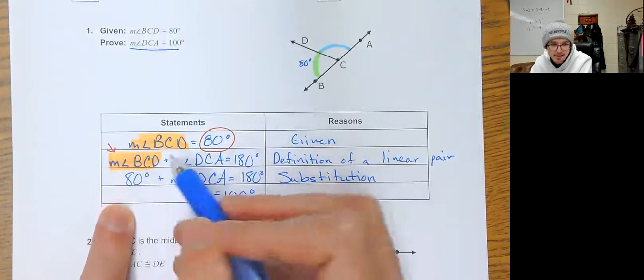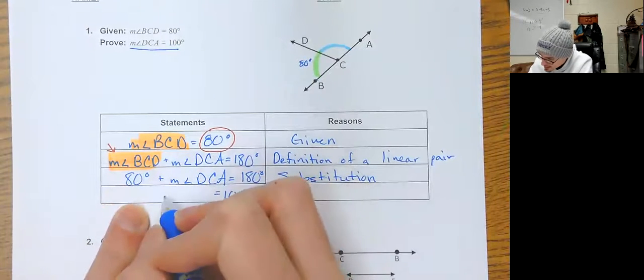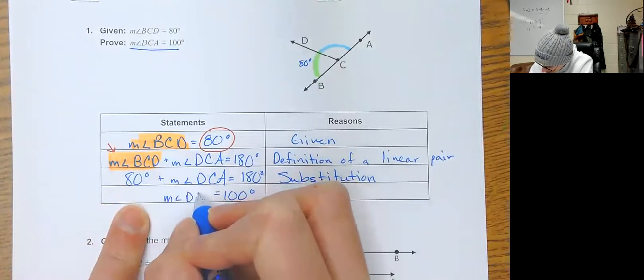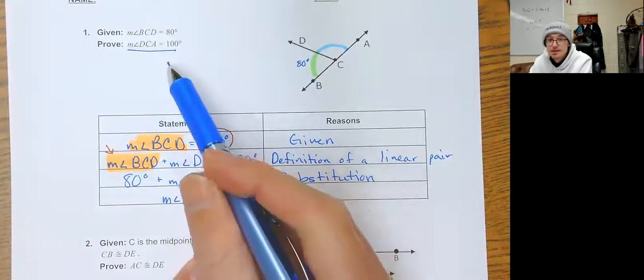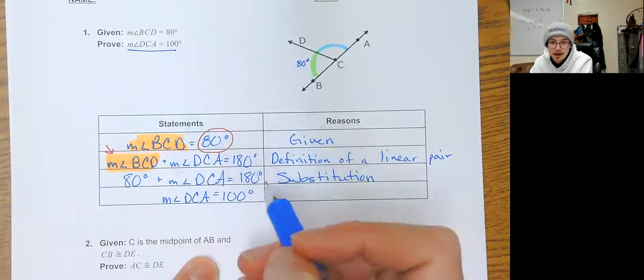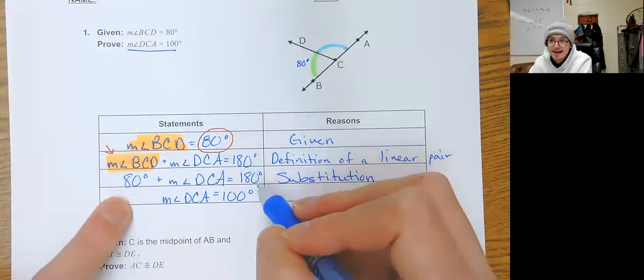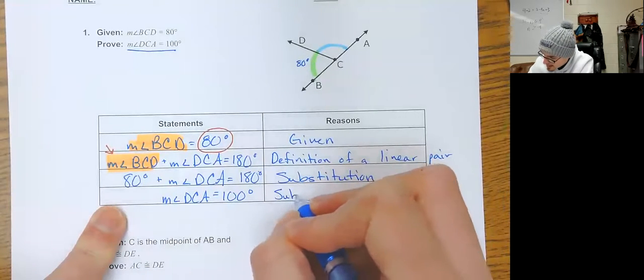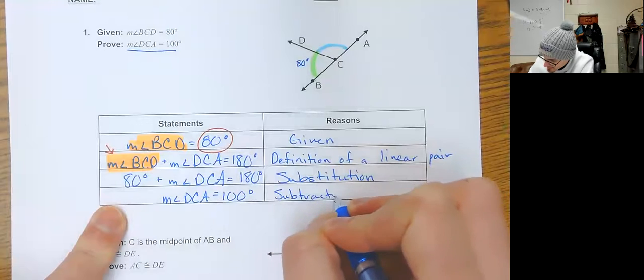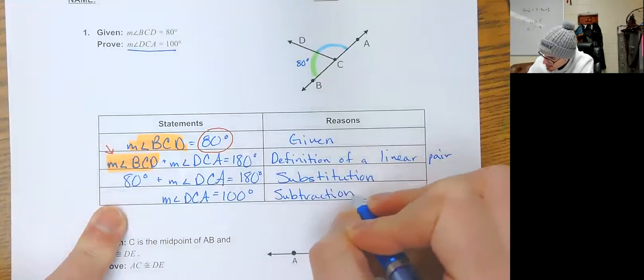Okay, and 80 minus 80 cancels out, so I'm just left with the measure of angle DCA equals 100 degrees. Oh, that's what I was trying to prove. And the reason I'm allowed to subtract 80 from both sides is the subtraction property.